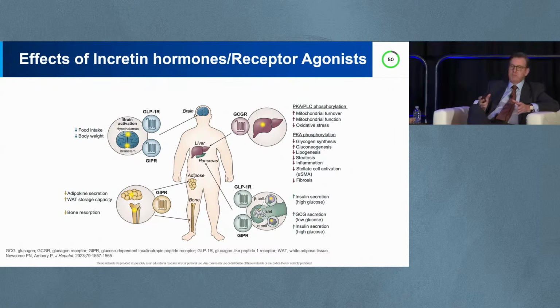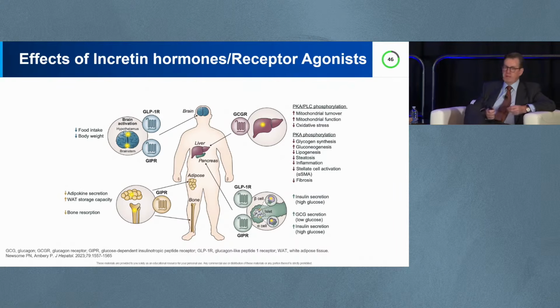Absolutely. So here we're talking about the incretin hormone agonists, aren't we? The one we're probably most familiar with are the pure GLP-1 receptor agonists, like semaglutide. That acts predominantly in two places. First of all, in the brain, so it acts centrally to reduce appetite, and therefore it helps people lose weight.